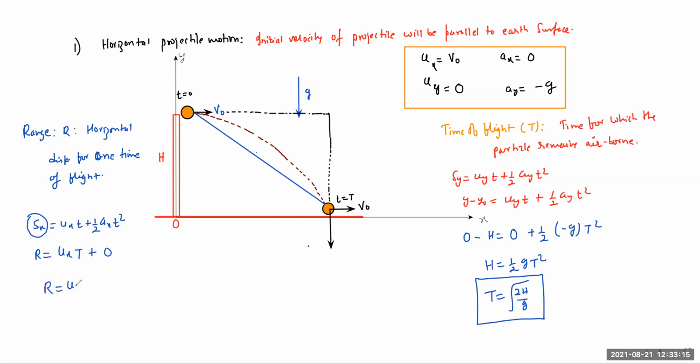So we can say clearly that R is only ux into t. And what is ux? V naught. So range is v naught times t, which is v naught root of 2h by g. That's simple. Is this clear? Understood, guys?